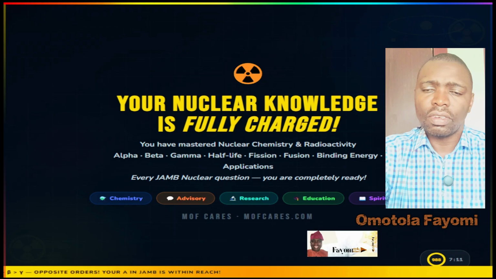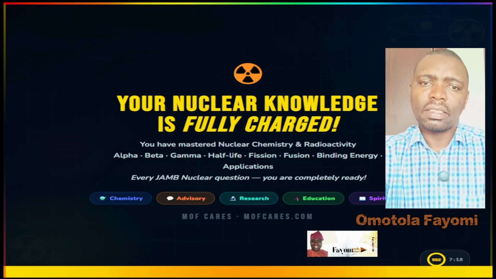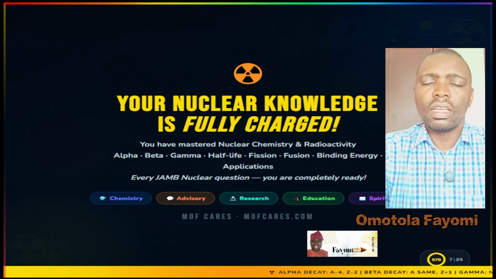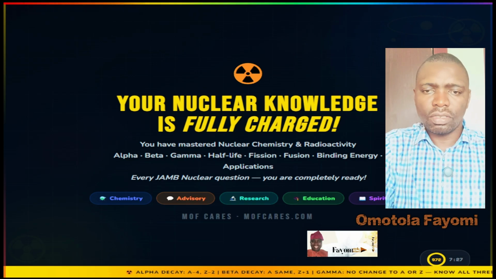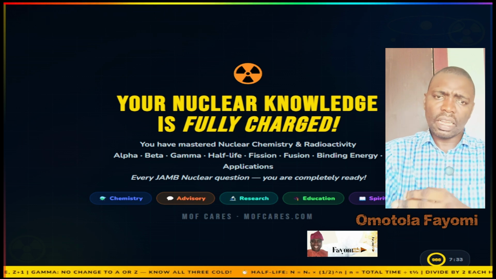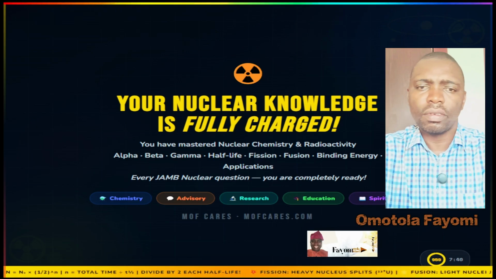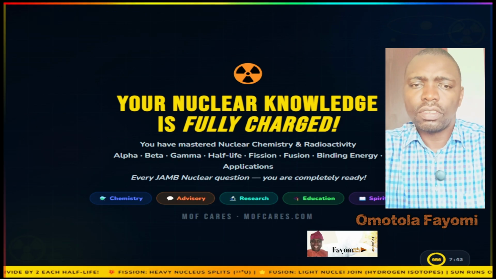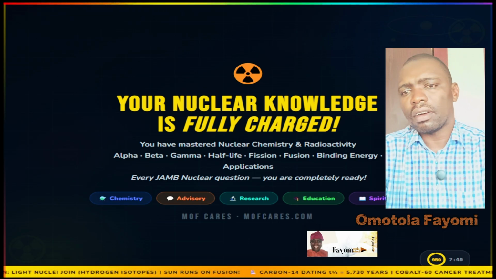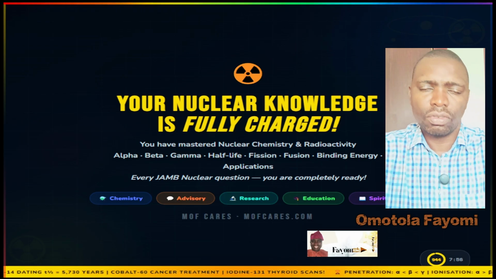You now know nuclear notation and isotopes, the 3 types of radiation, alpha, beta, gamma, with all their properties, how to write and balance nuclear decay equations, how to perform all 3 types of half-life calculations using N equals N naught times half raised to the power n, the chain reaction in nuclear fission with uranium-235, how nuclear fusion powers the sun and holds the promise of future energy, the applications of radioactivity in medicine and science, including carbon-14 dating, radiation hazards and safety principles, binding energy and why iron-56 is the most stable nucleus, and how to count alpha and beta decays in a decay series. That is the complete JAMB nuclear chemistry syllabus.